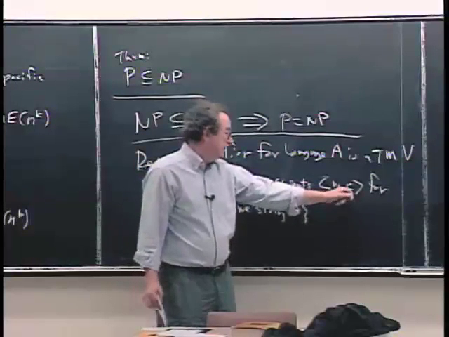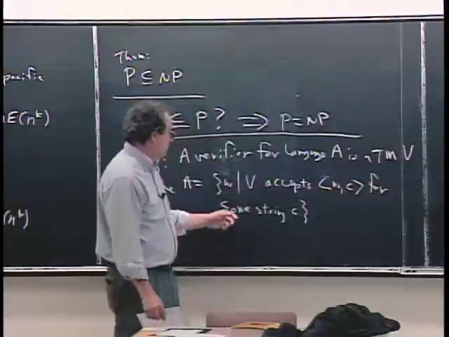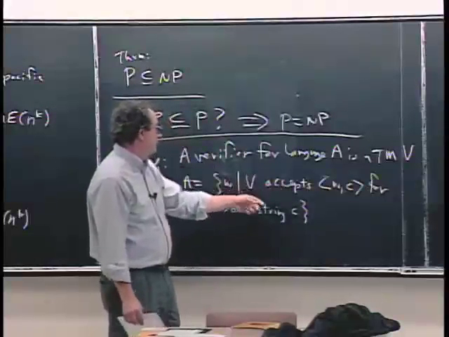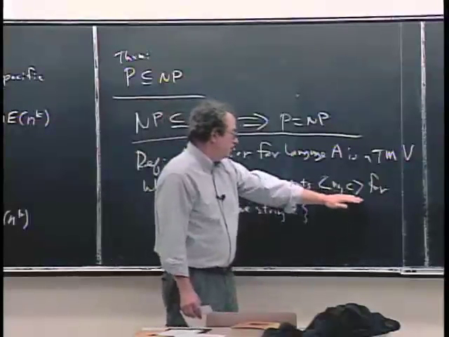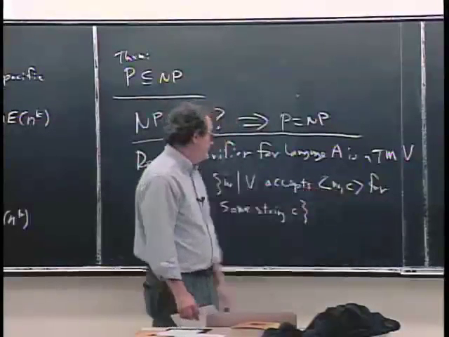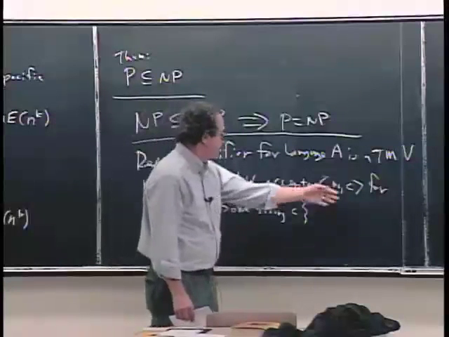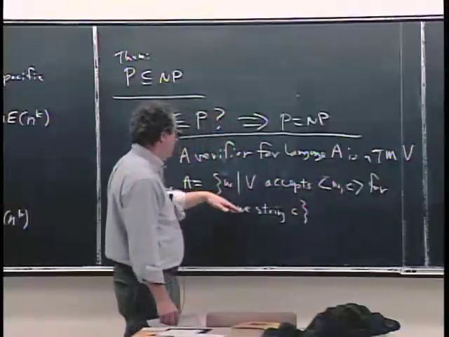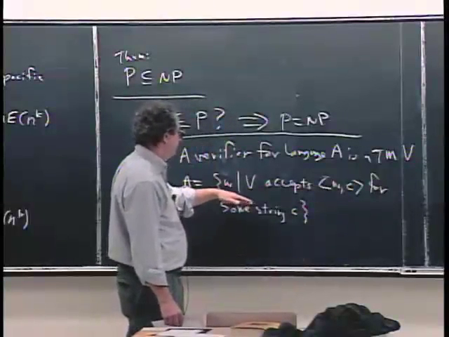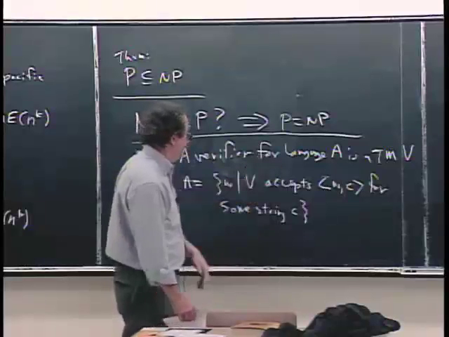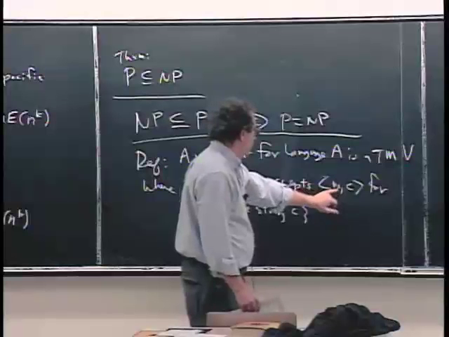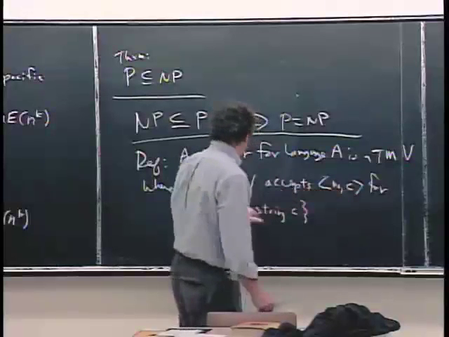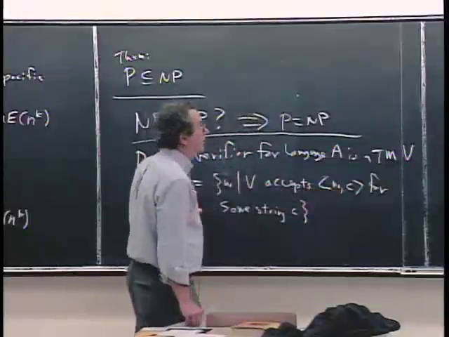It's just something that helps the Turing machine come to an accepting conclusion. By this definition, the set of W that it accepts along with C is exactly equal to the language A.